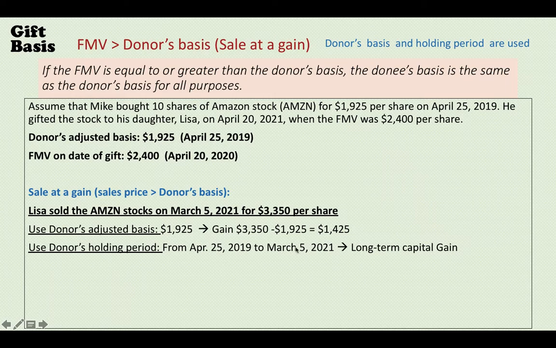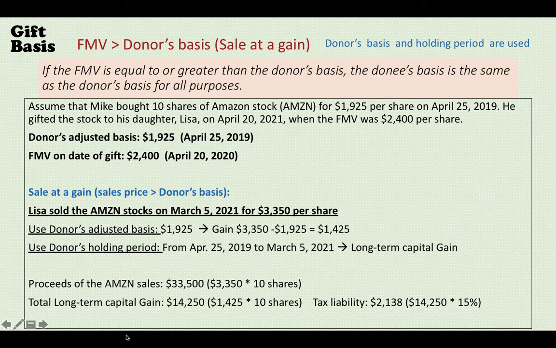Once you have this gain, you consider whether it's a long-term or short-term gain. In this case, we use the donor's holding period, from the purchase date to the sales date. It's more than a year, so it's a long-term capital gain. The proceeds Lisa receives from selling the Amazon stock are $33,500, and there's a long-term gain in it.